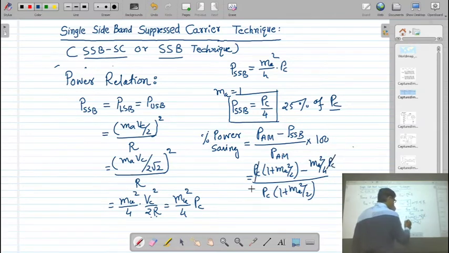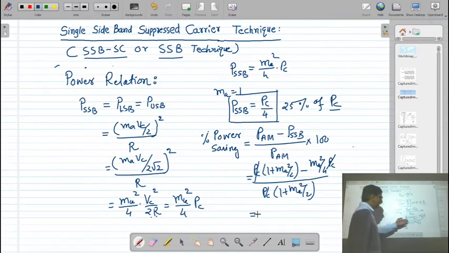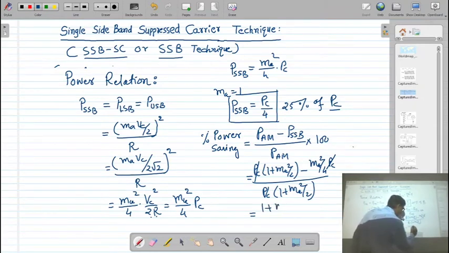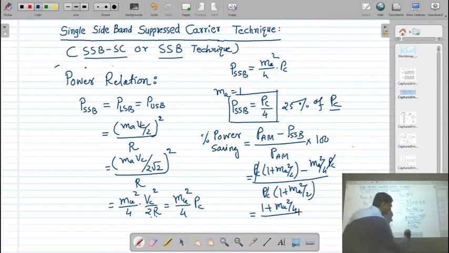So this PC will be cancelled, carrier power is going to be cancelled, and here mA square by 2 minus mA square by 4. So this will come out to be 1 plus mA square by 4, and in the denominator we have 1 plus mA square by 2. Correct? So with the help of this, you can calculate the power saving.